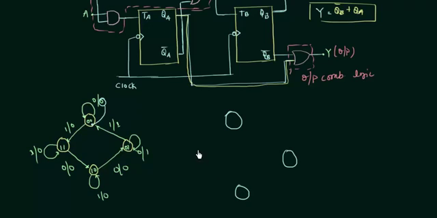Let's make it a little bit bigger, and then I will write the states 00, 01, 10, 11. The change is here: I have to make the output appear inside this state.